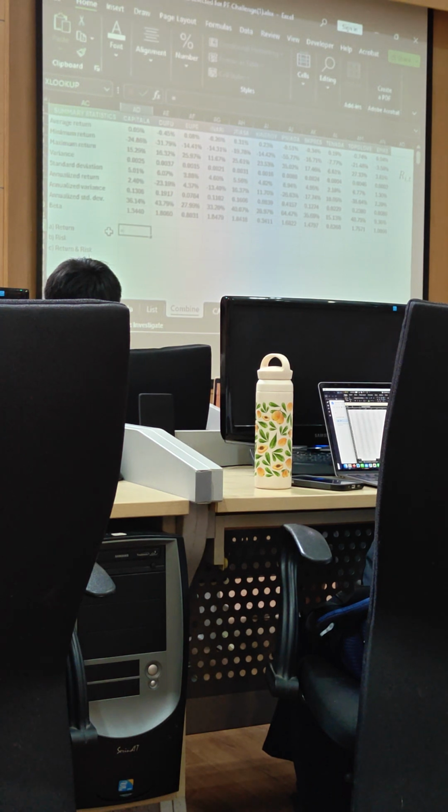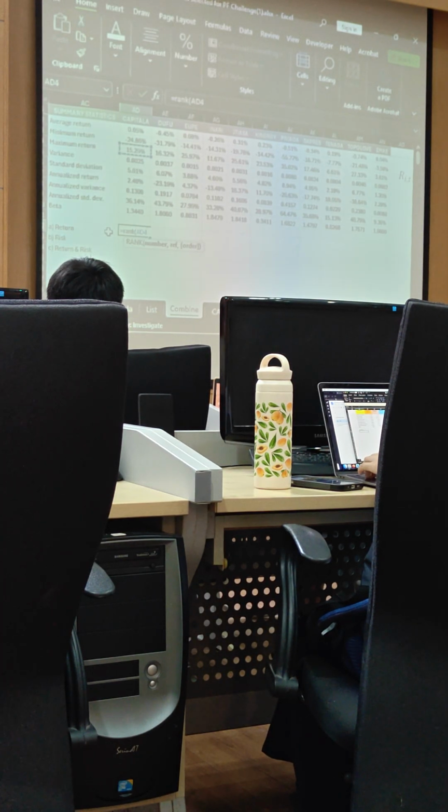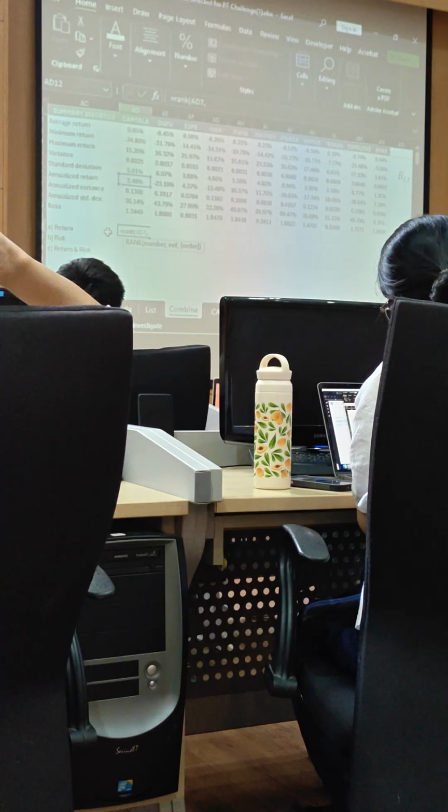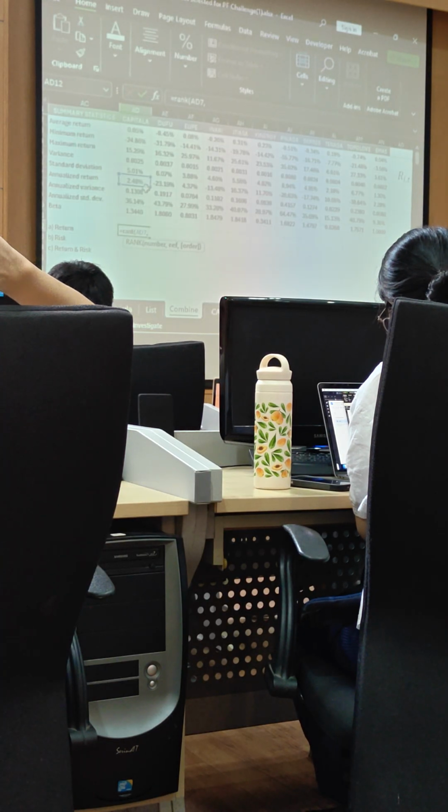So for return, you need to do rank. Okay? Rank. So how to do is rank based on annualized return. Okay? Annualized return. So you rank, comma, and then the reference. Okay? The number refers to the number that you want to rank.